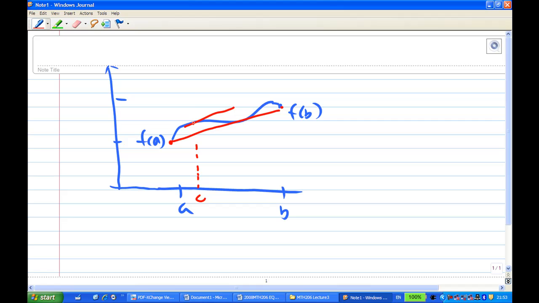Alright, so f prime of c is equal to f of b minus f of a over b minus a.